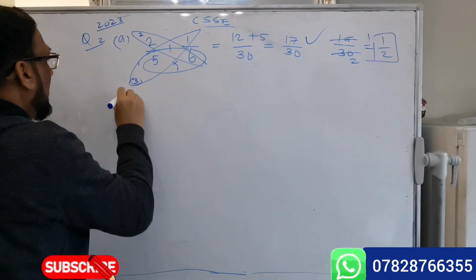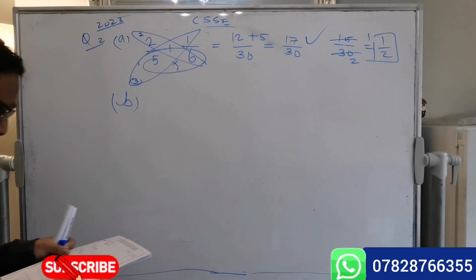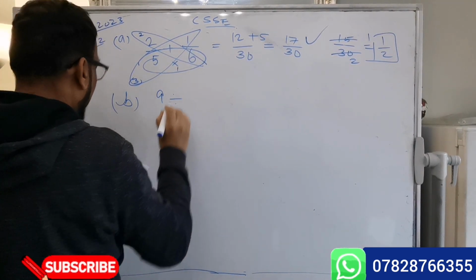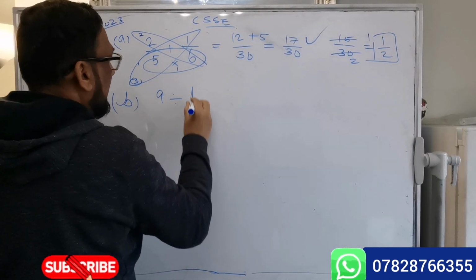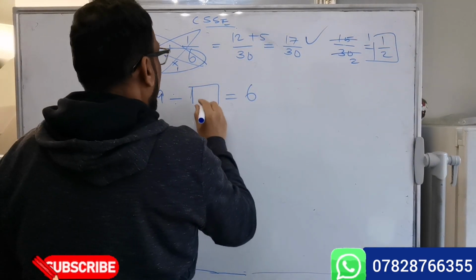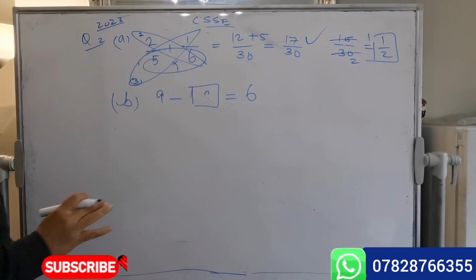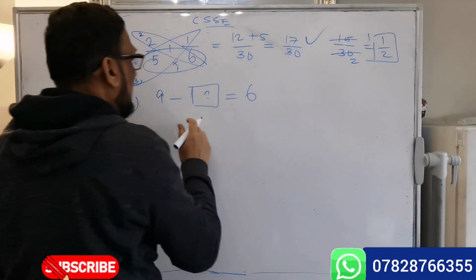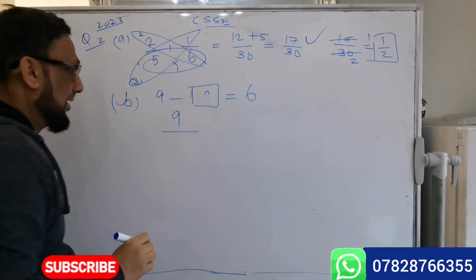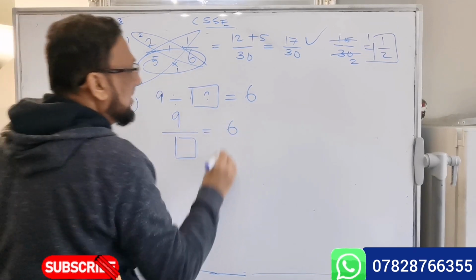Go for question number B. Question number 2B says 9 divided by a box is equal to 6. So what is the missing number? We don't know. So how do we work it out? Very simple, very easy. You need to write down divide, which means you just draw a line and write a box here, and equal to 6.